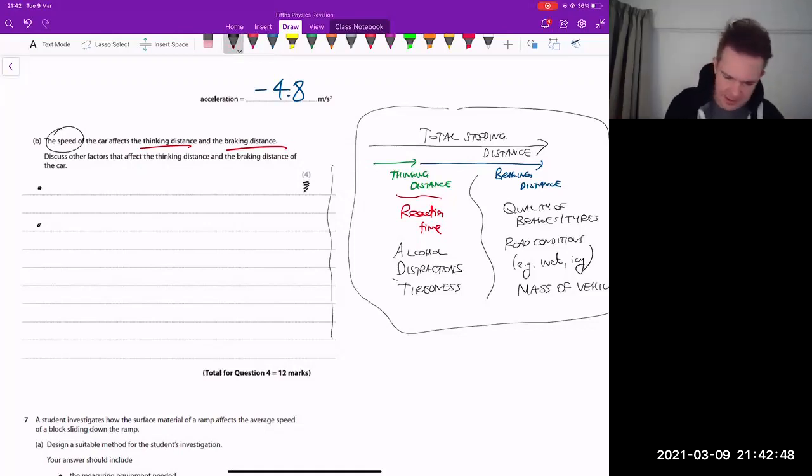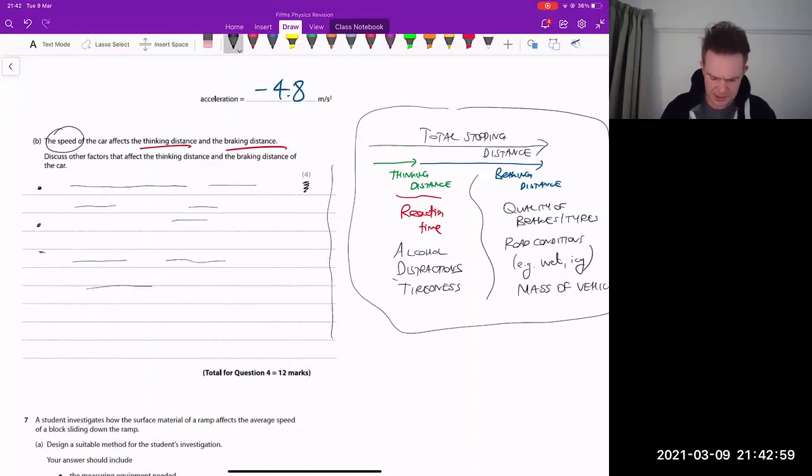So I'd have, in this case, a sentence describing 2 factors which affect the thinking distance, and then a sentence describing 2 factors which affect the braking distance in detail. Okay, so I'm not going to write a whole answer there. I've given you the physics which is relevant.